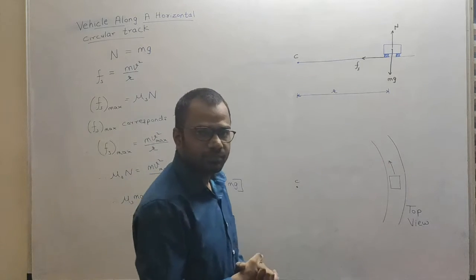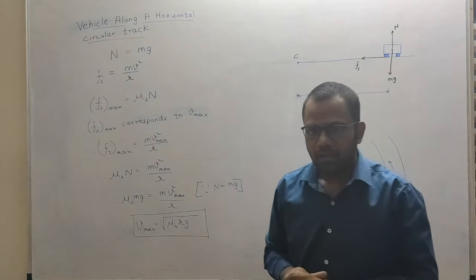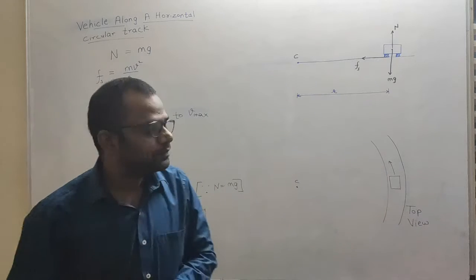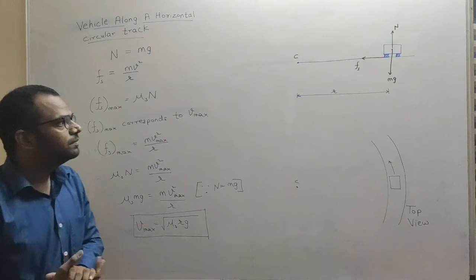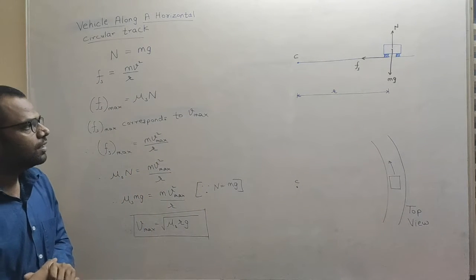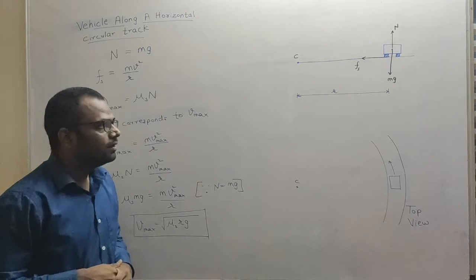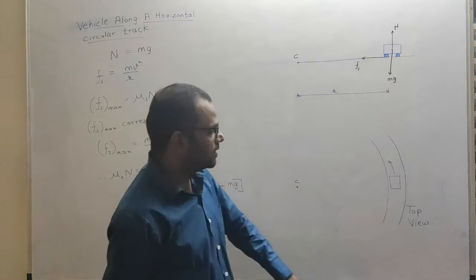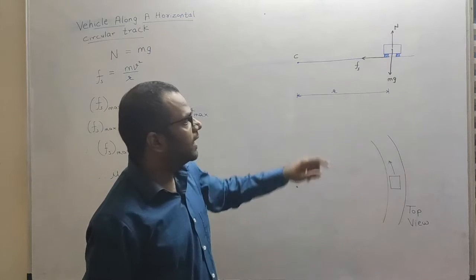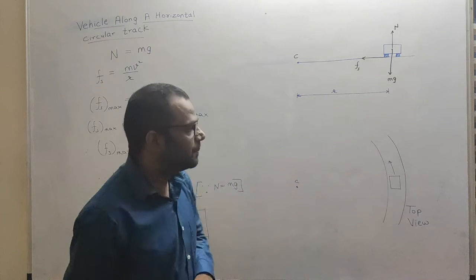Okay, so you mentioned the vehicle along a horizontal circular track. You can draw this diagram and then write down: consider a vehicle of mass m moving along a circular track of radius r with speed v.